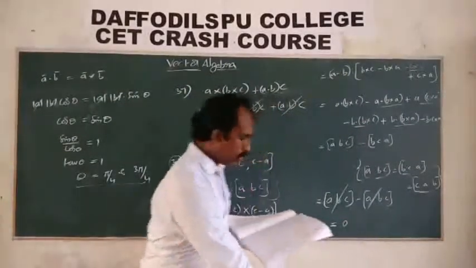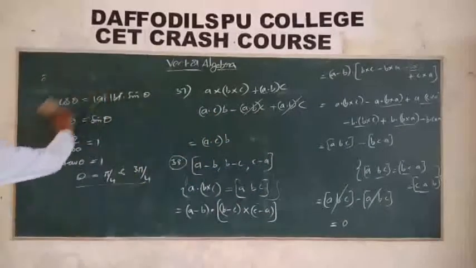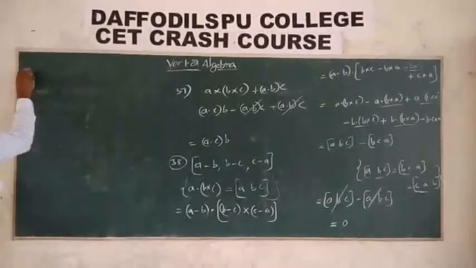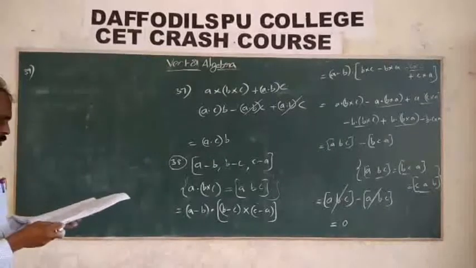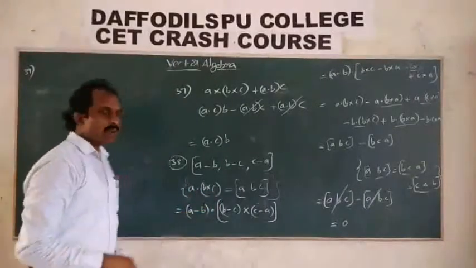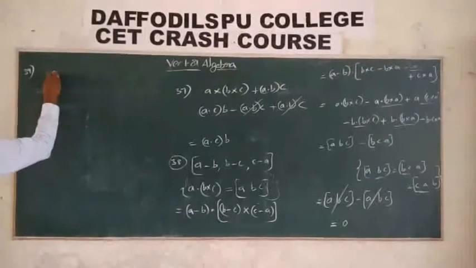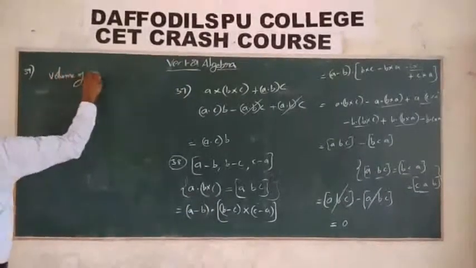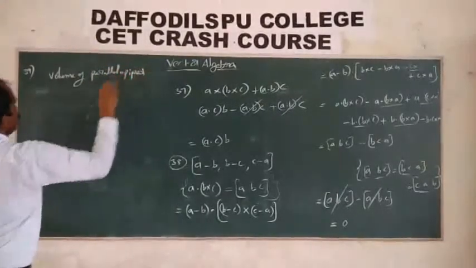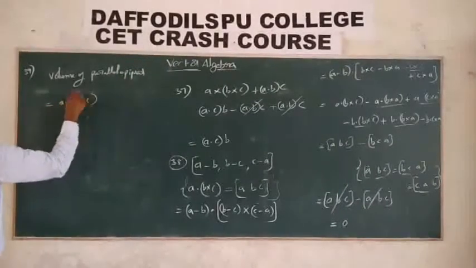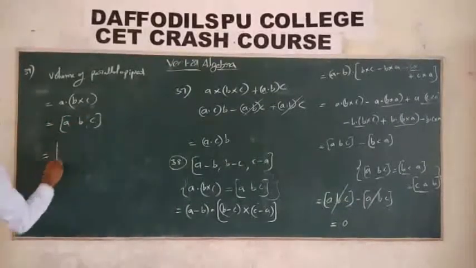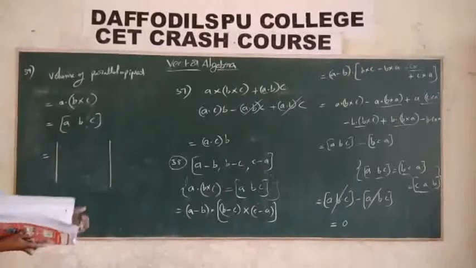Next, 39. Volume of a parallelepiped whose edges are represented by A, B, C. Geometrically, the scalar triple product gives the parallelepiped volume. So the volume of the parallelepiped is the box of ABC, the scalar triple product of A vector, B vector and C vector, which means the determinant of the three vectors.